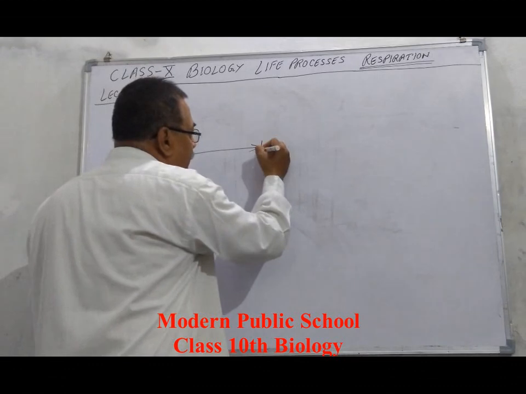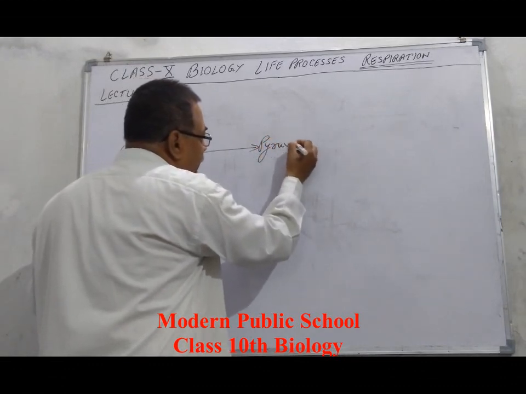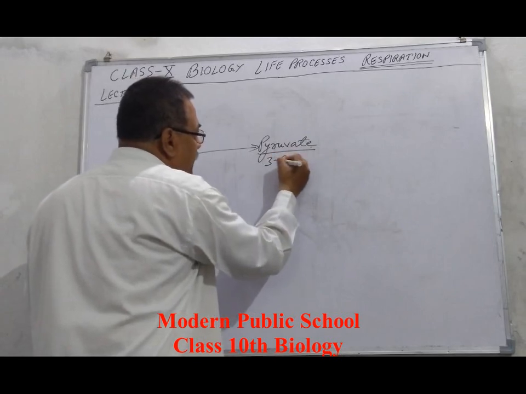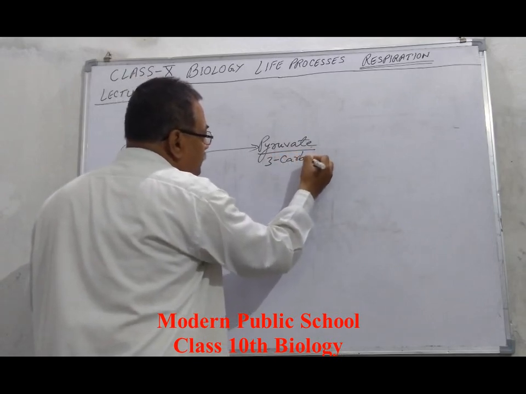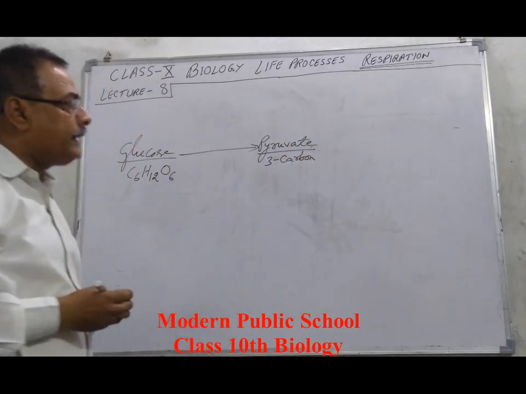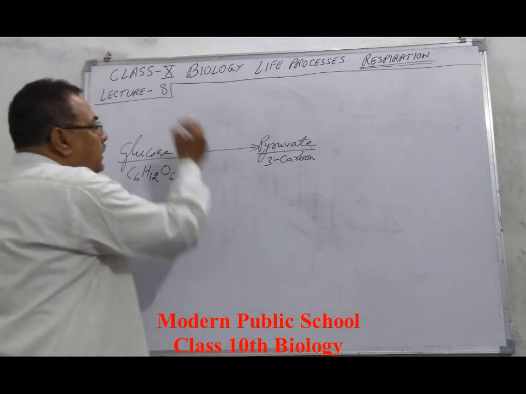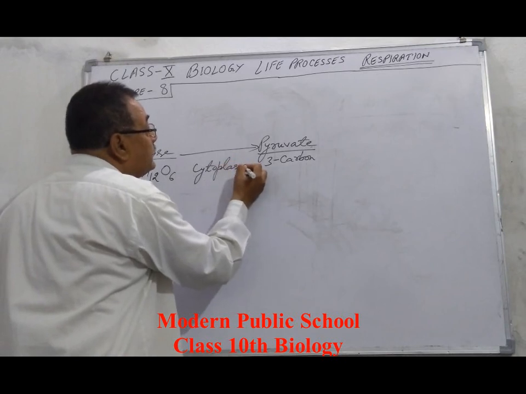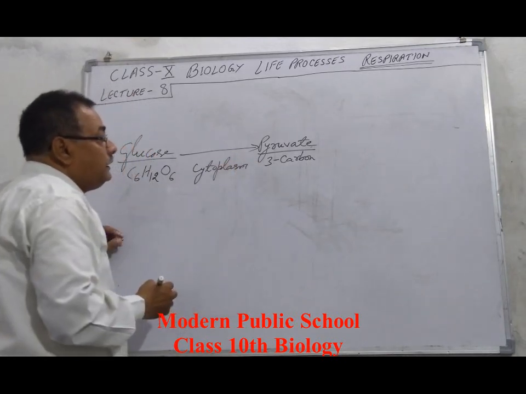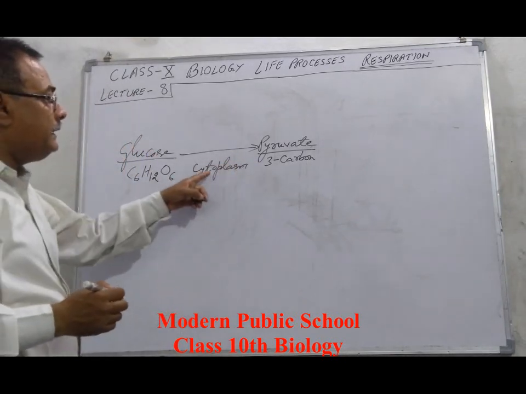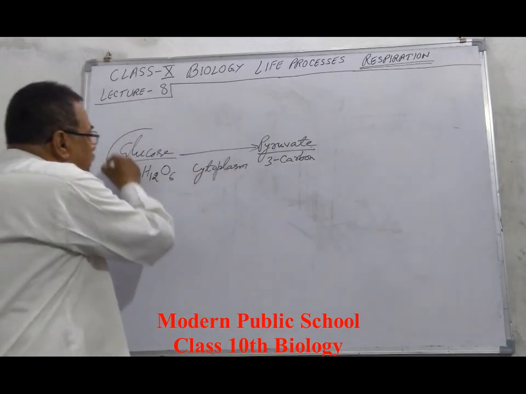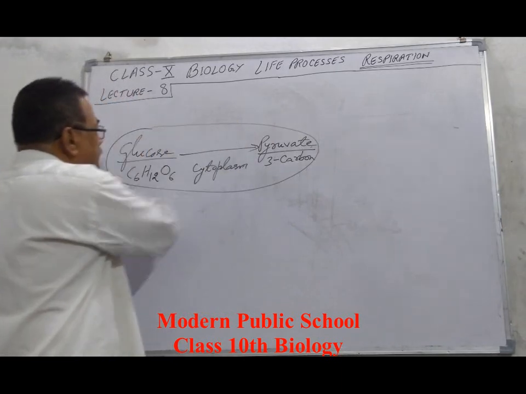Glucose will convert into pyruvate. Pyruvate is a 3 carbon molecule. This process takes place in the cytoplasm of the cell, and there is no requirement of oxygen here.